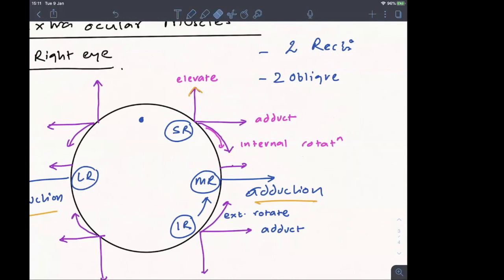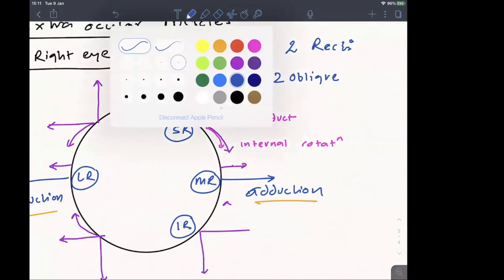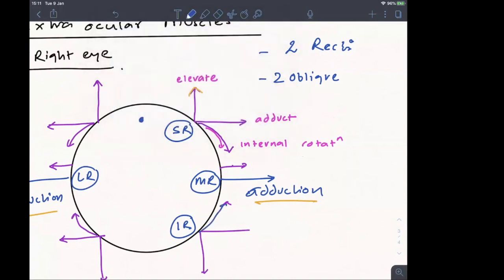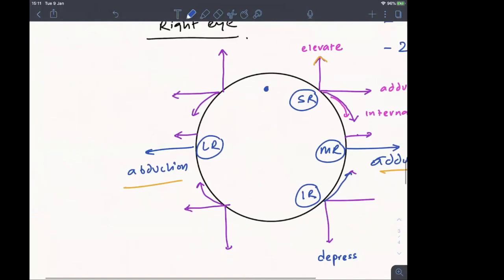Now, coming to your obliques. Now here you have your superior oblique. Now I'll tell you why superior oblique is below and inferior oblique is up, because your instincts will say that superior oblique should be up.